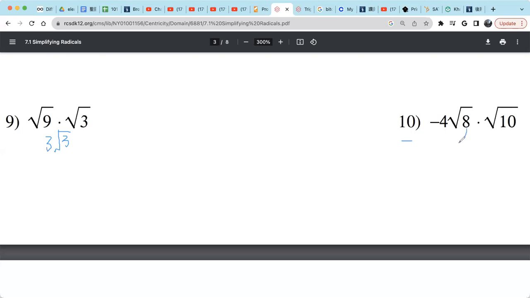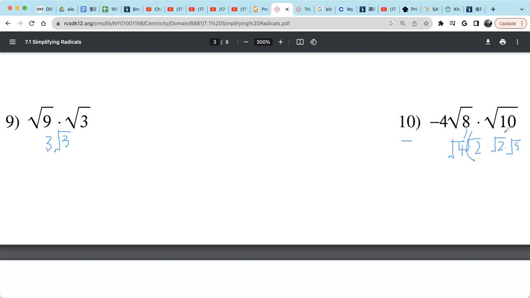Let's see 10. Square root of 8, we can split into 4 times 2. Right. So we have square root of 4, square root 2. Or if you remember, square root of 8 is 2 radical 2. All right. Square root of 10 can be split into square root of 2 times square root of 5. Now you see we have square root 2 times square root 2.